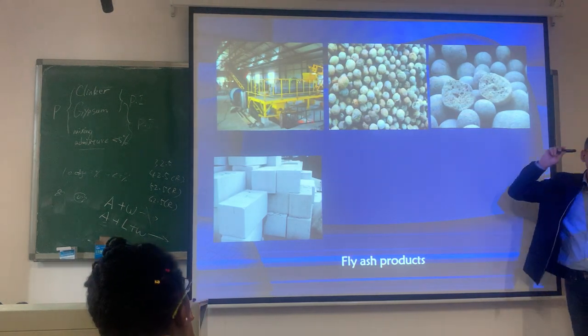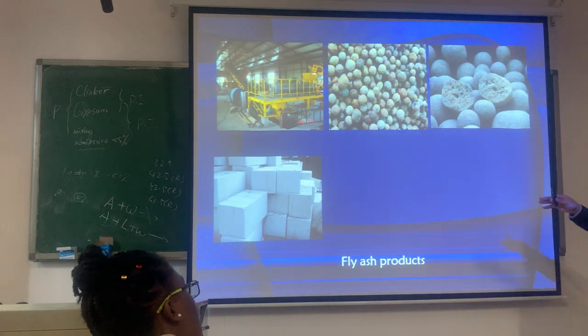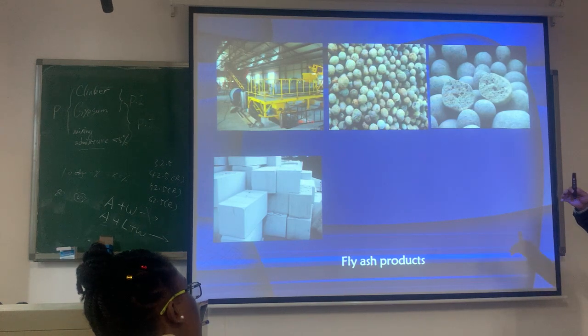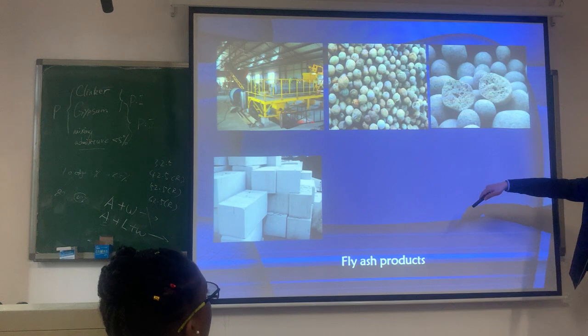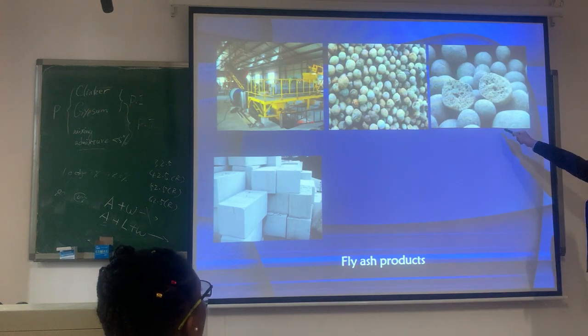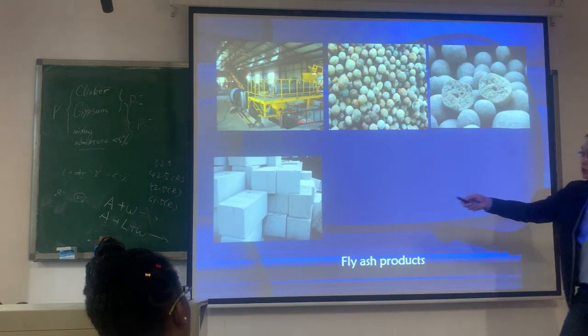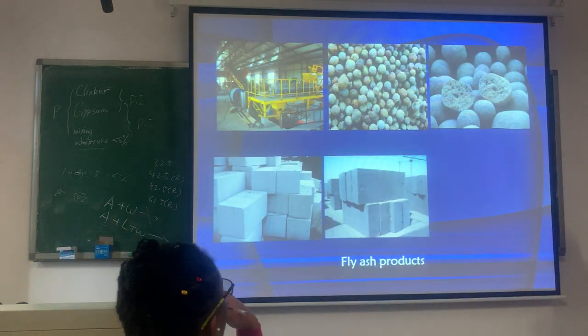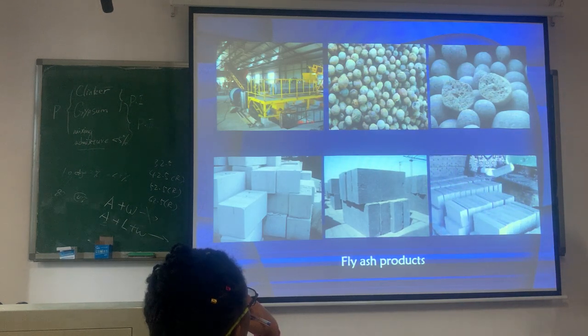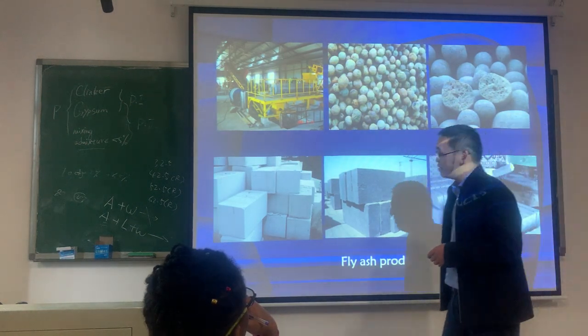The amount of aggregate we use is very, very big, and it will destroy the environment and the resources. So we can use this fly ash byproduct to produce aggregate, and then to produce different kinds of bricks. So it is very useful.